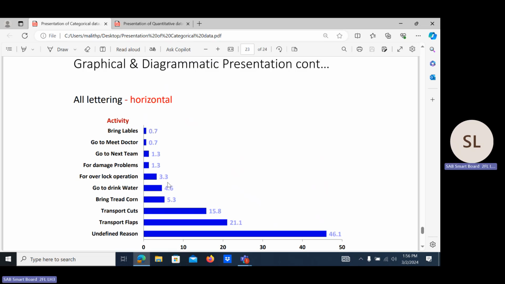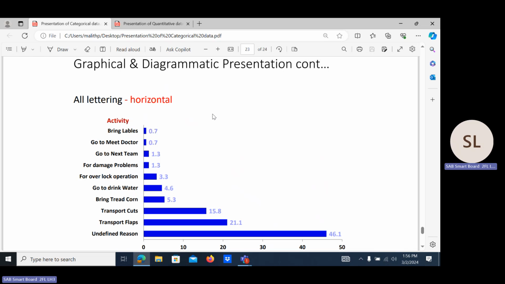Then the other one is, when we draw the graph or diagram, the lettering must be horizontal. Always we write the letters in this way. We do not write the word in the vertical way.